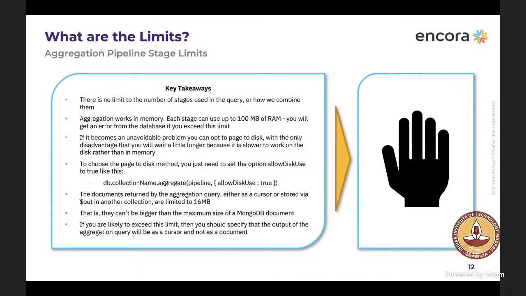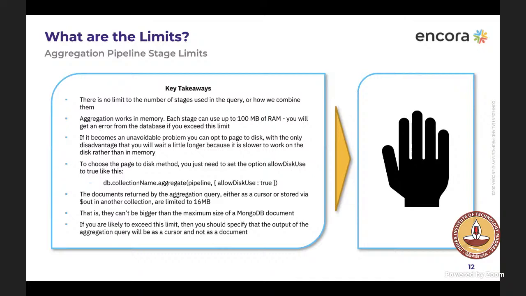If it becomes an unavoidable problem, you can opt to page to disk, with the only disadvantage that you will wait a little longer because it is slower to work on the disk than in memory.